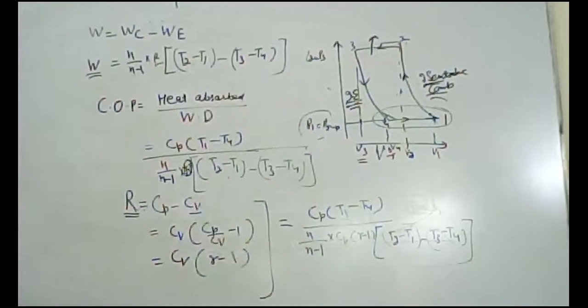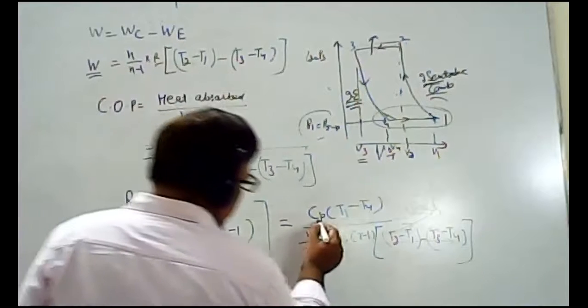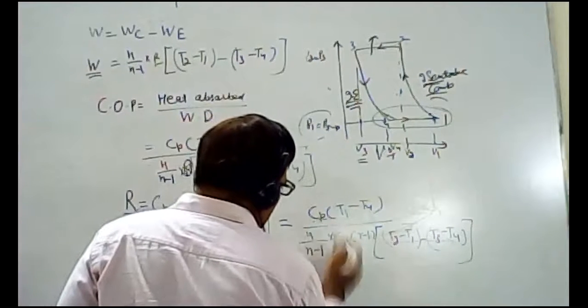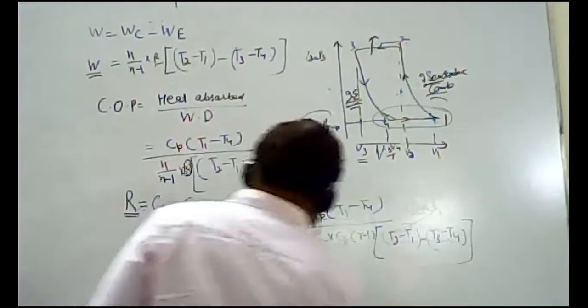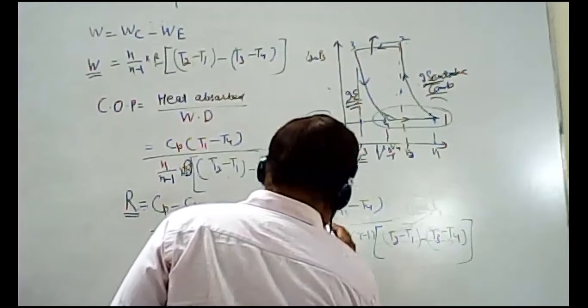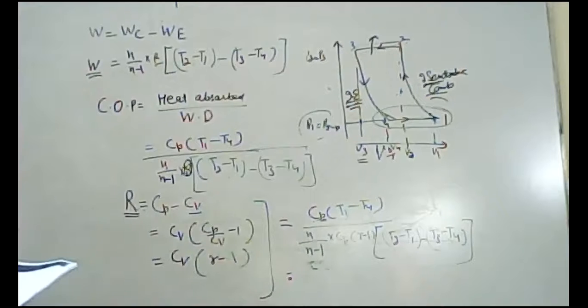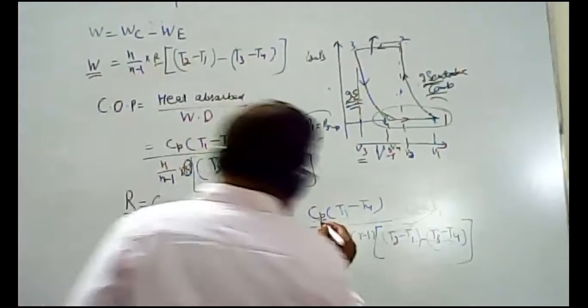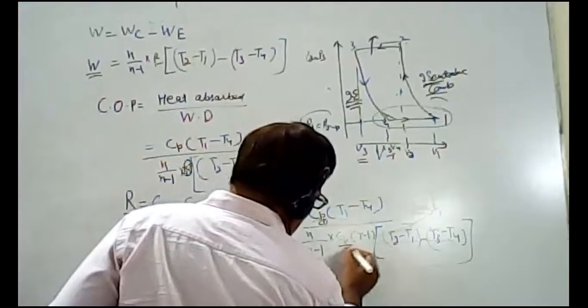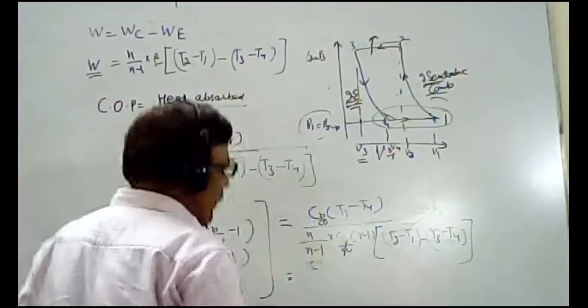Okay, so again look here. If I divide this value in the upper side and lower side by Cv, Cp by Cv, and here also Cv by Cv, these will cancel out.